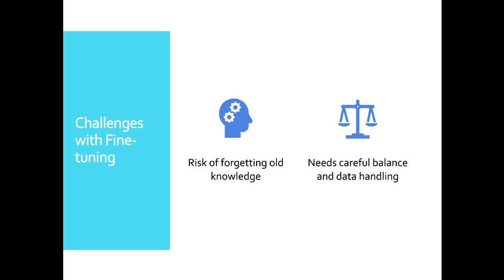If you fine tune your model too much for one task, it can forget how to do others. This is known as catastrophic forgetting. Researchers are still exploring ways to prevent this, like using older data during fine tuning or techniques like experience replay.